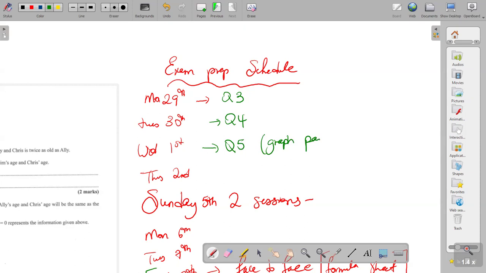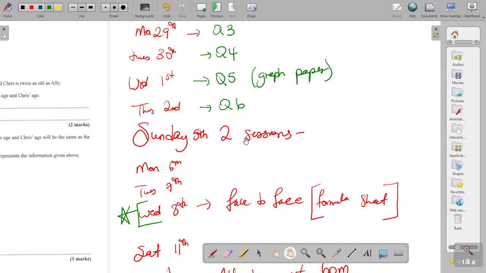So please have your graph papers ready. Okay, and then question 6. This Sunday is a big Sunday. So question 7 is easy. So the morning session, or the first session, is question 7, because that's the pattern and sequence.